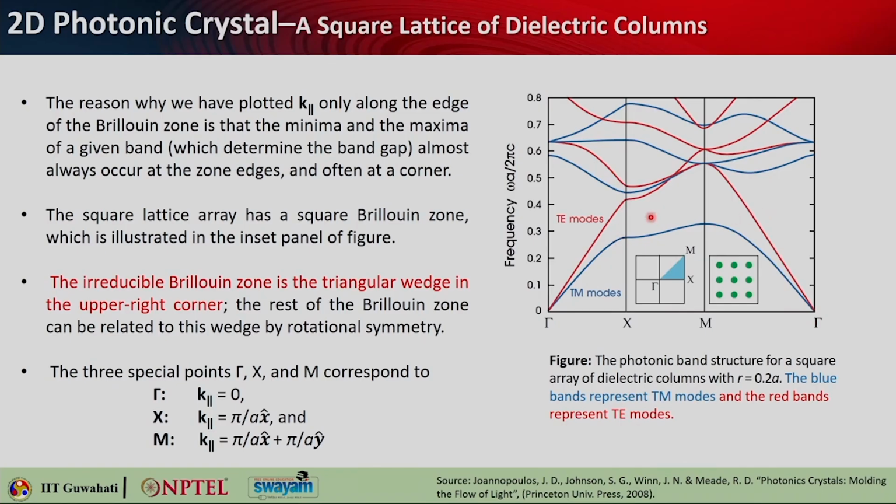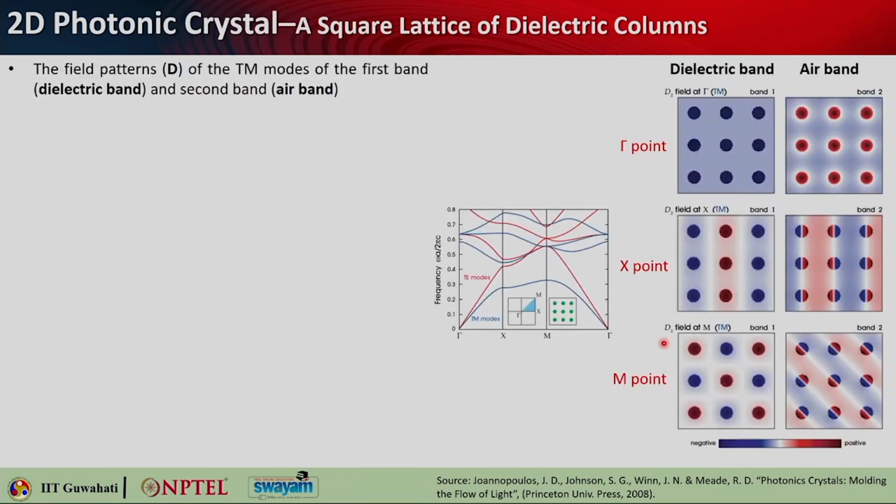Are you able to see a TE band gap in this structure? The first TE band is here, but it crosses the second TE band. Focus only on the red lines and you will see that they cross each other, so there is no TE band gap here. This particular structure has only a TM band gap.